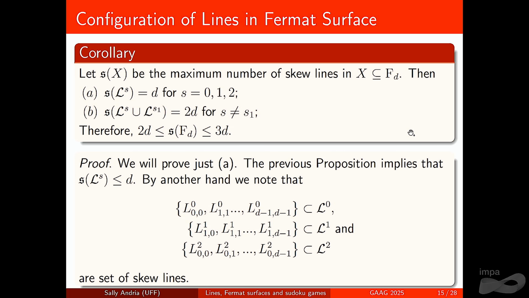So we get that the maximal number of skew lines in FD is greater or equal than 2D. It's less or equal than 3D. Okay. For example, the proof of item A of the previous proposition tells us that the maximal number of skew lines should be less or equal than D, but we can find these families of skew lines in every subset, so the number is D.